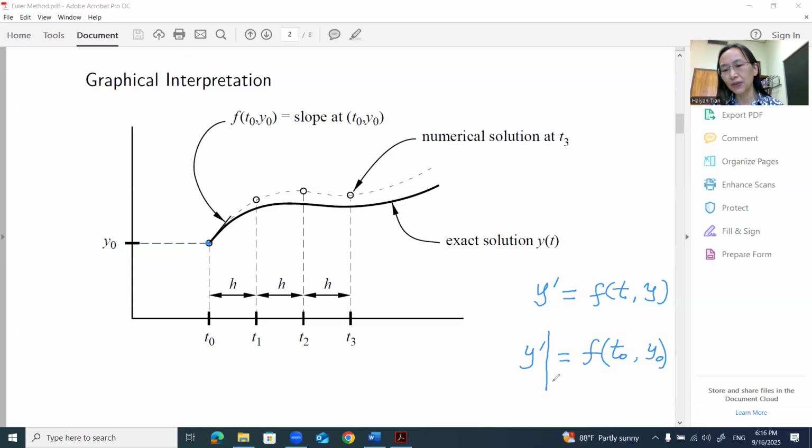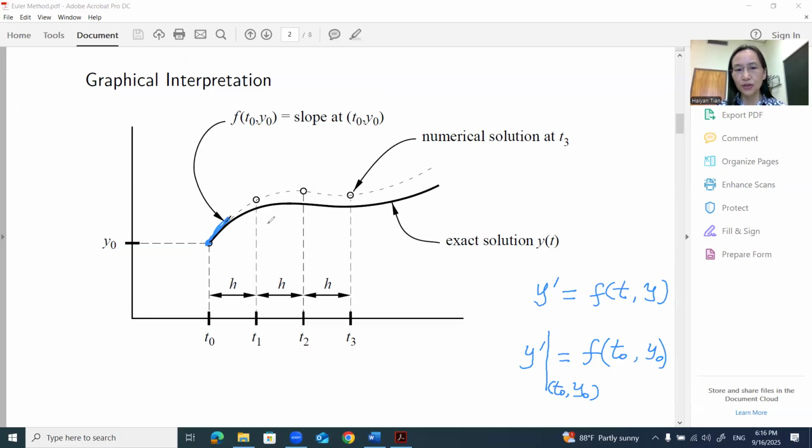That's the derivative at the first point, t0, y0. So we can immediately know at this point the slope of the curve. That means the tangent line slope can be found.